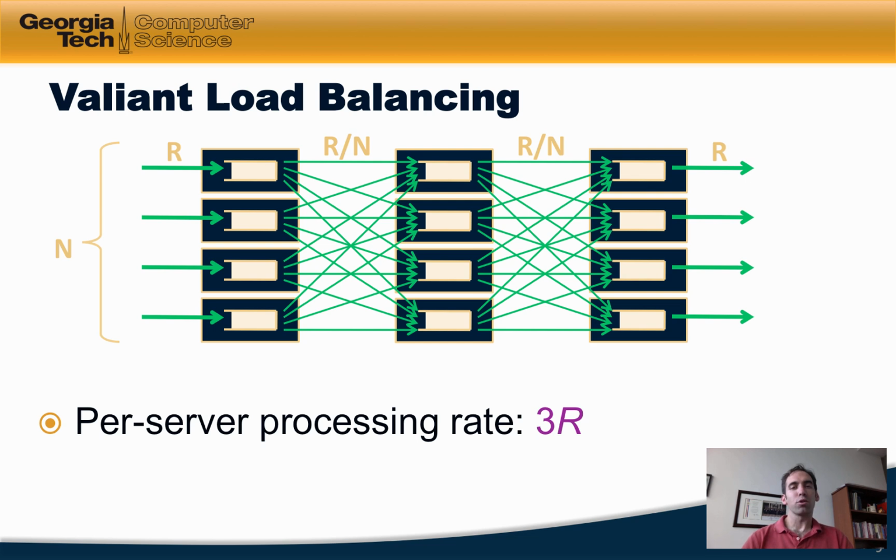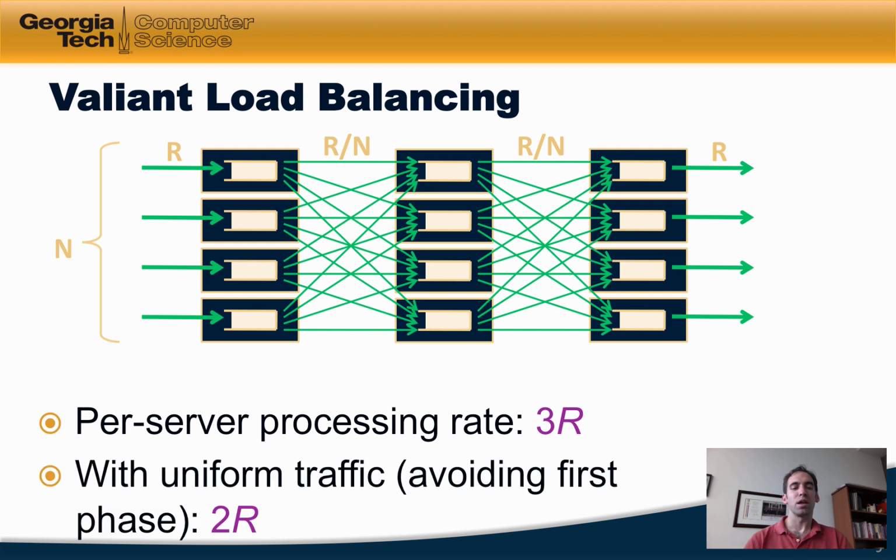The required per server processing rate of 3r, of course, assumes that traffic is not uniformly balanced across the output links in the first place. If it is, then we can avoid sending traffic to that intermediate phase, and then we really only need a server capacity of 2r. So now we've solved the problem of reducing the capacity of the interconnect links.